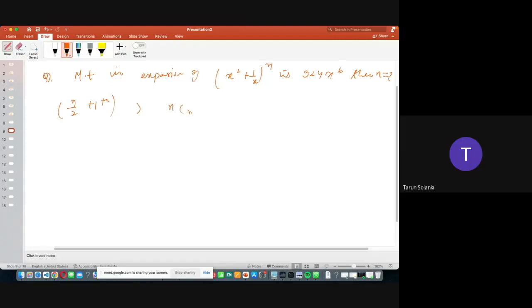So nC(n/2) (x²)^(n/2) (1/x)^(n/2) is 924x^6. So you can write it as x^(n/2) is x^6, so that becomes n = 12.